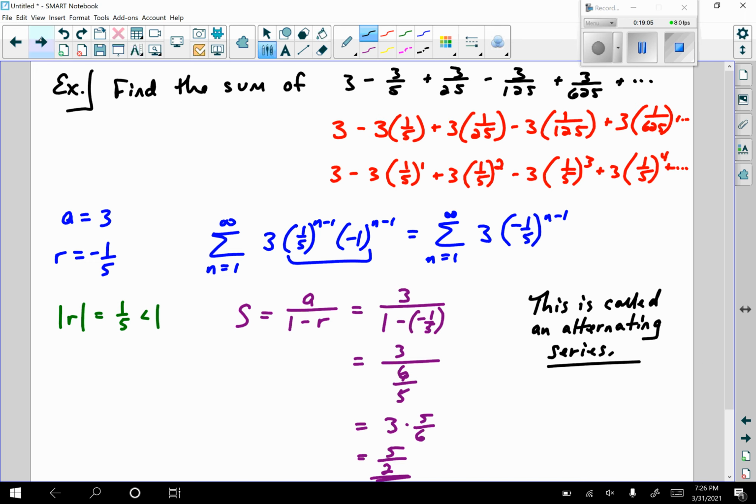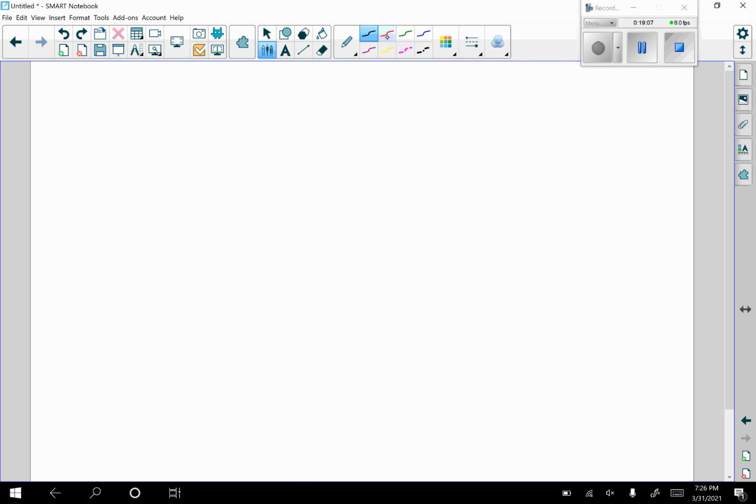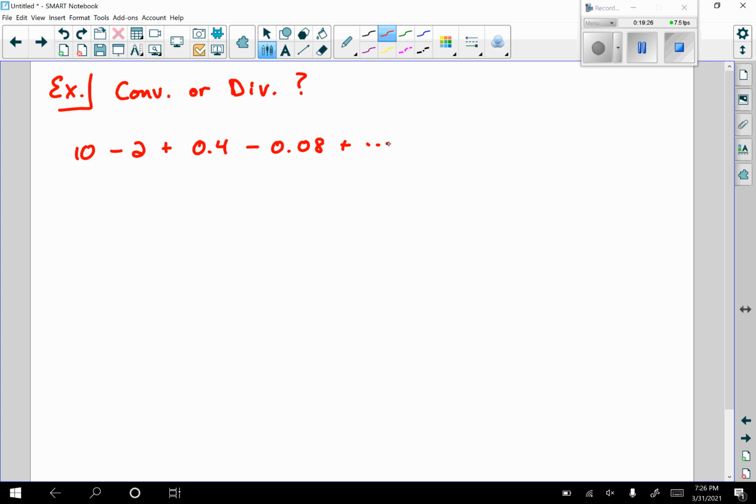So let's try one more. And here we're just going to answer convergent or divergent. Here we've got 10 minus 2 plus 0.4 minus 0.08, and then so on.